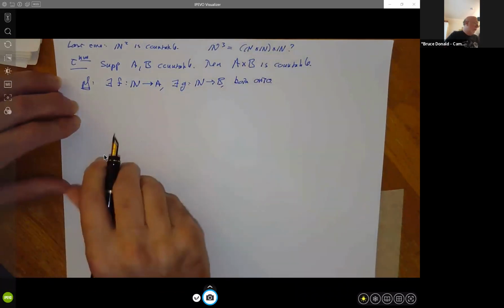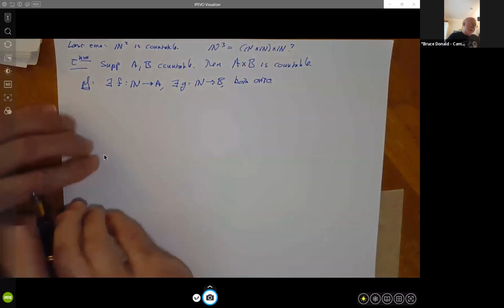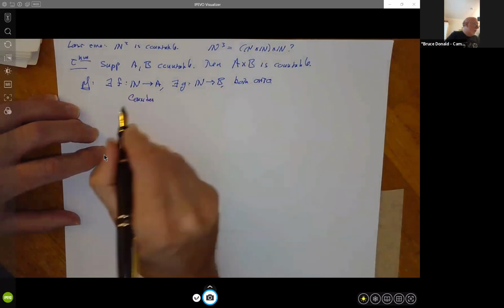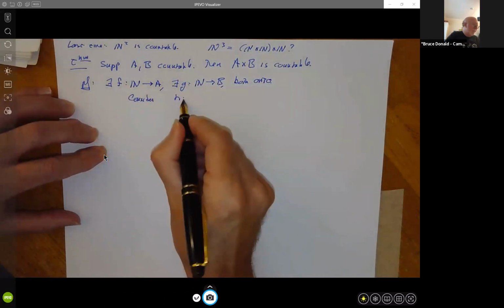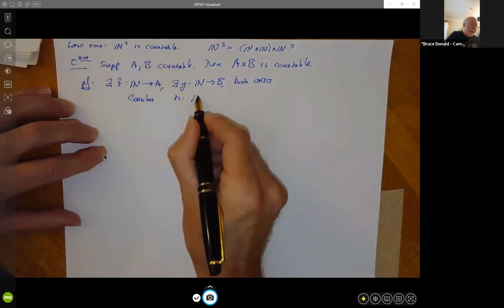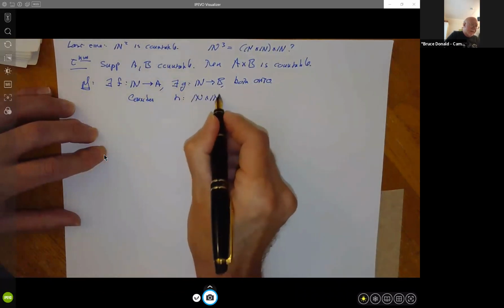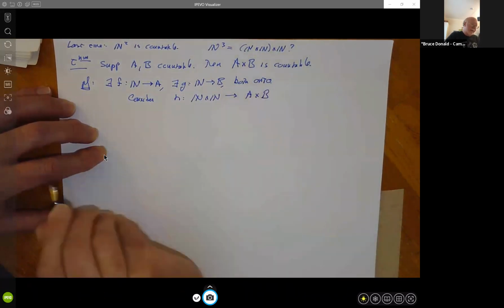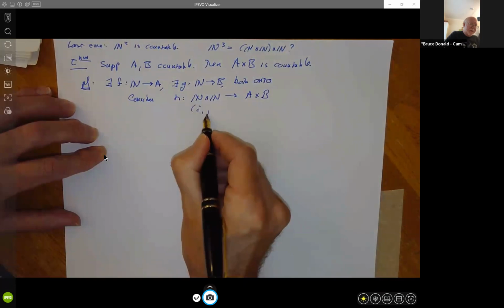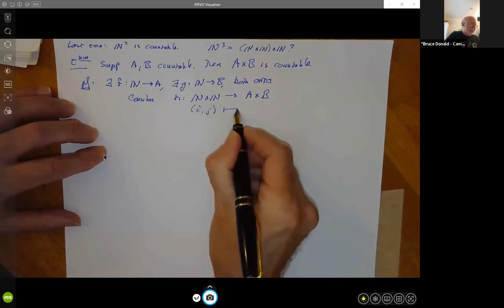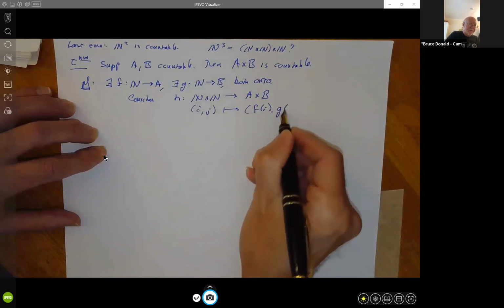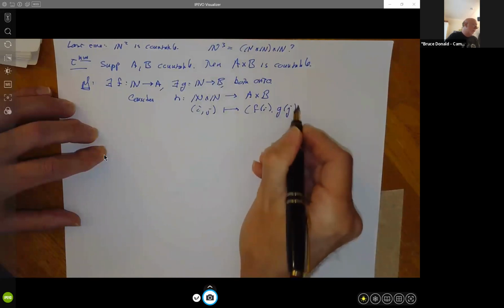Okay. Now consider the map which I will construct called H. And H is a map from N cross N onto A cross B. And it's given by taking i comma j, which is a pair, and sending that to the pair f of i, g of j, like that.